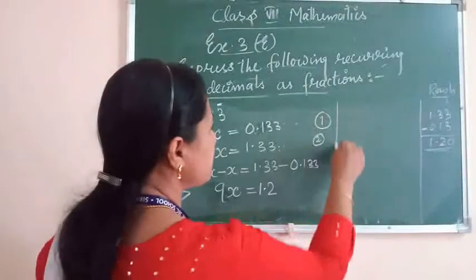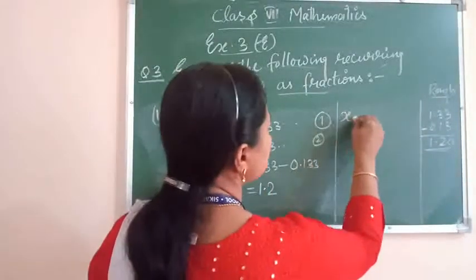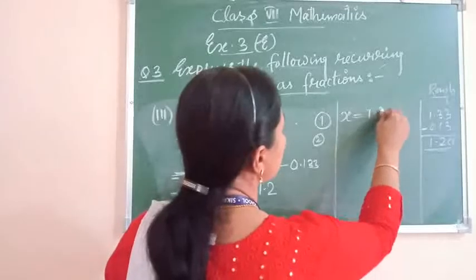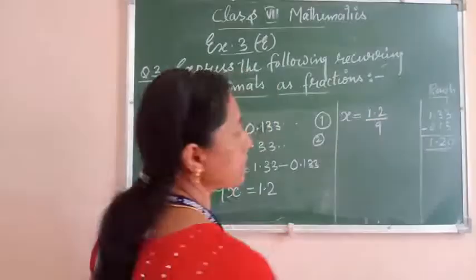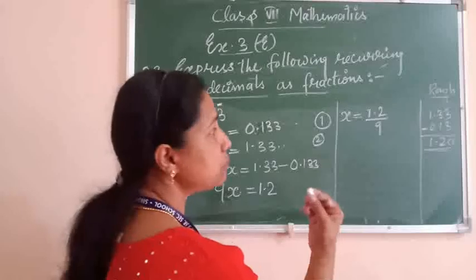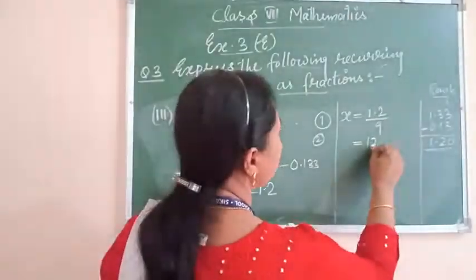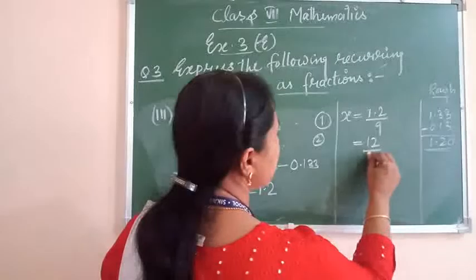Now after getting this, we are finding the value of x. x is equal to 1.2 upon 9. Here the numerator is a decimal number, so you have to remove that point. For that, you can take 1.2 as 12 upon 90.